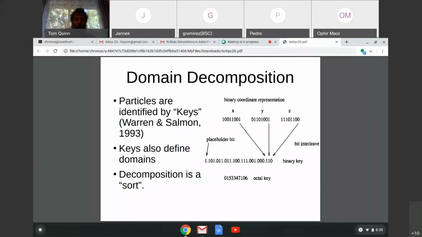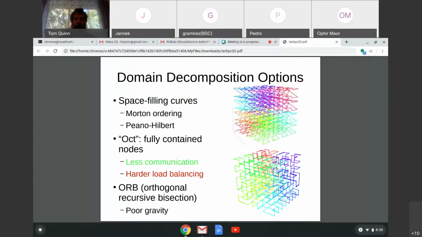So pictorially, what does this look like? What I just described to you is called Morton ordering, and this is represented by the volume on top.